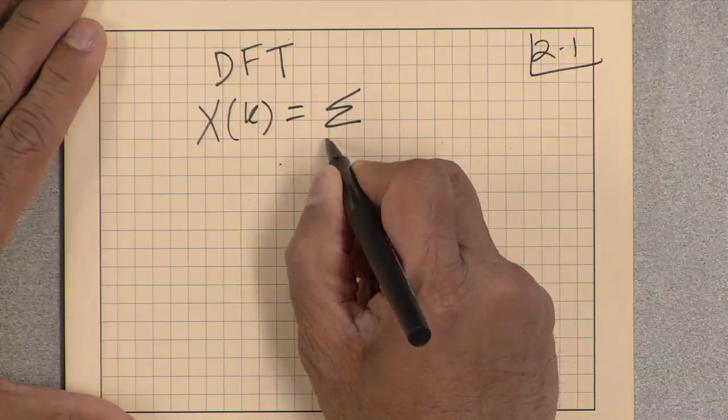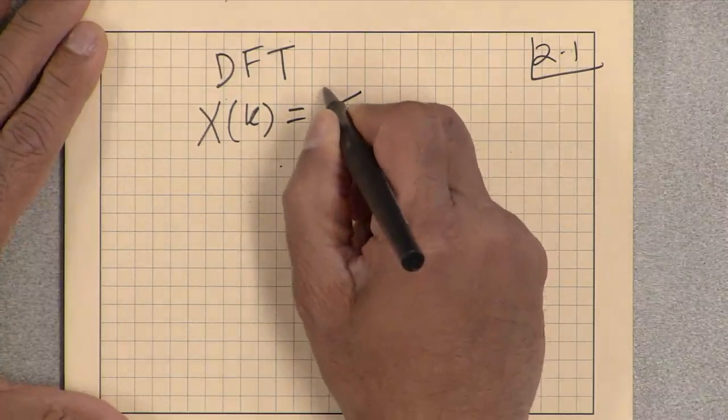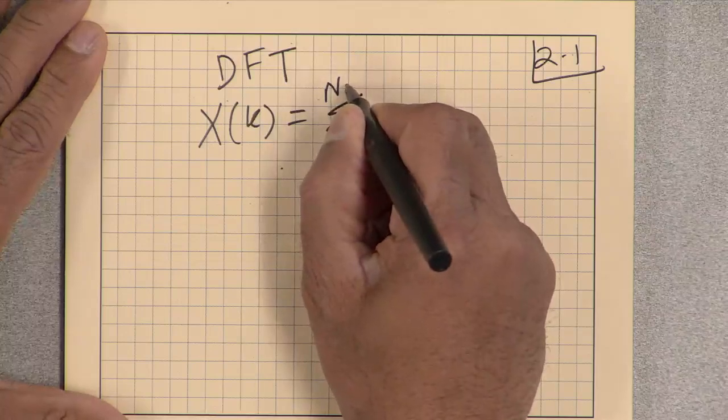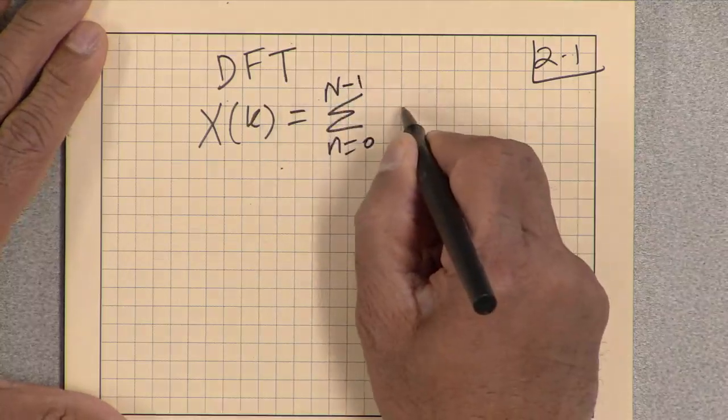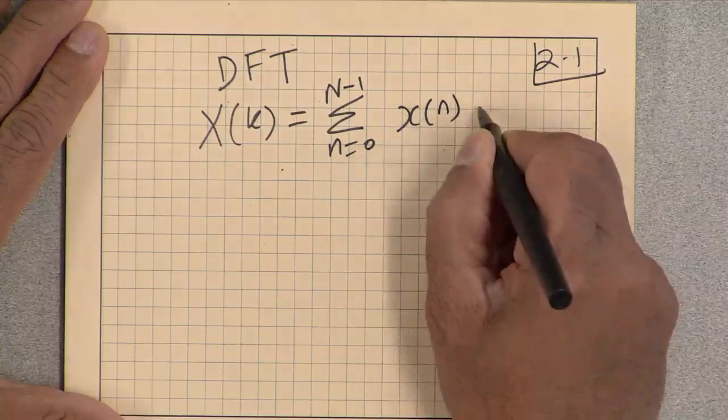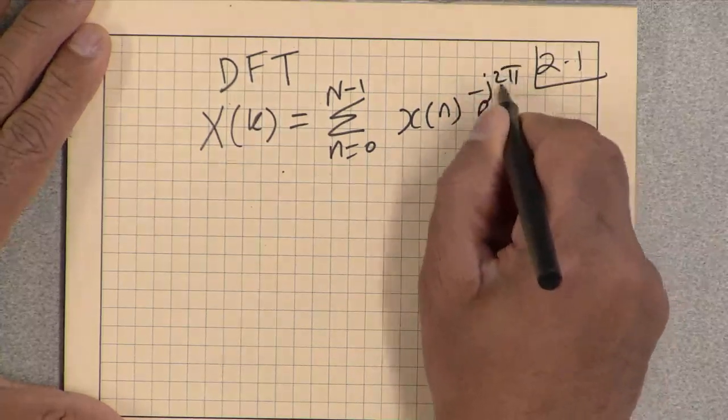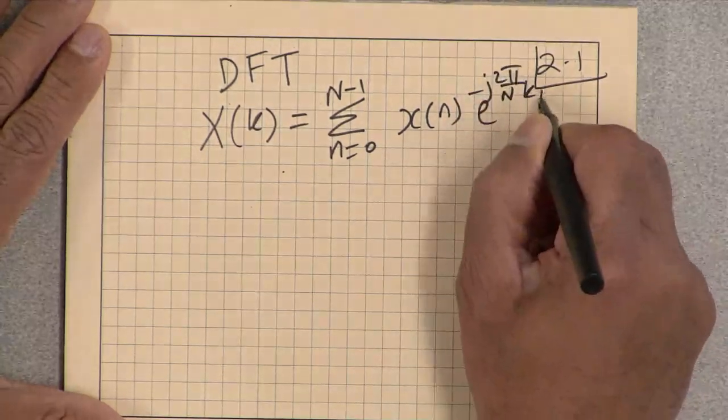Okay, so we are interested in computing the discrete Fourier transform, DFT. If we want to compute the DFT of a time domain sequence x[n], it is given by X[k] equal to the sum from n equal to 0 to N minus 1 of x[n] e to the power minus j 2 pi over N kn.